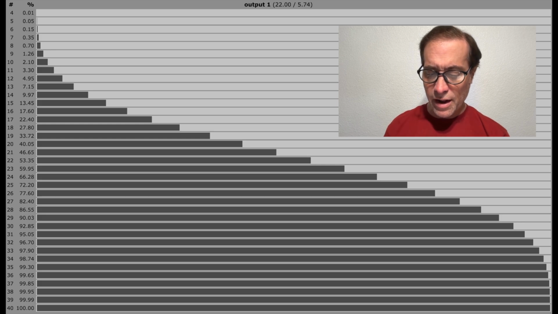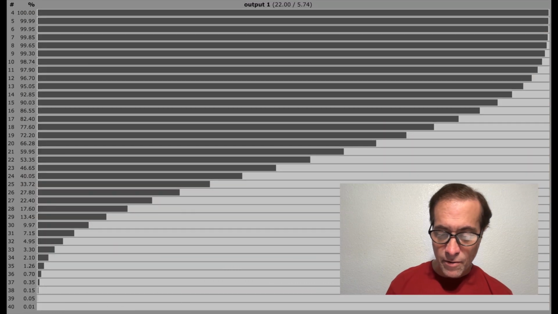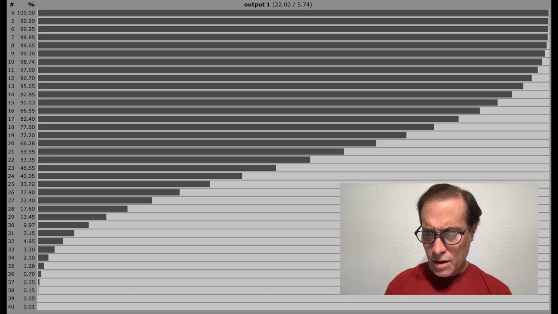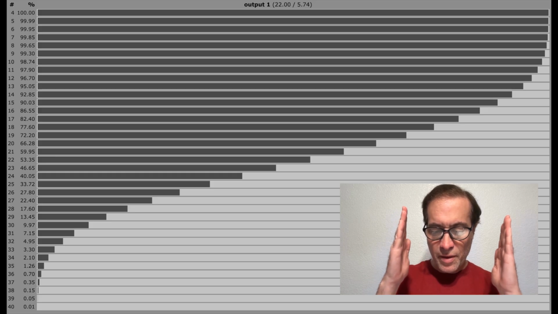So now let's look at it another way with the at least feature. Same thing, but this time getting at least that number. So now if you needed to roll a 32 or higher, that's approximately 5%. Wow. So there's about a 90% chance that your rolls are going to be between 12 and 31.